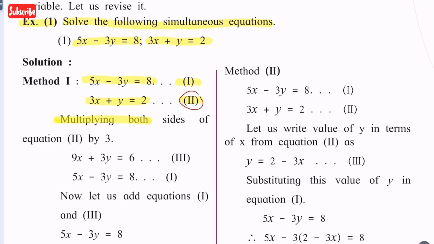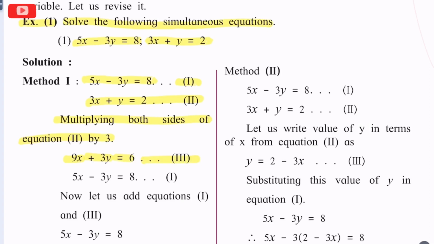So multiplying both sides of equation 2 by 3, we get 3 into 3x is 9x plus 3 into y is 3y equal to 3 into 2, that is 6. This new equation is called 3.